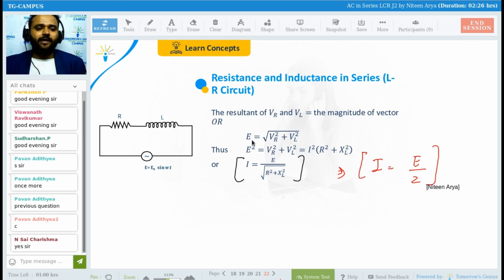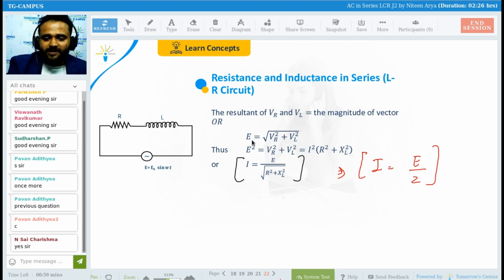As we know, whenever current is flowing in any particular circuit, the current is the given voltage divided by the total net resistance or impedance. Here we say impedance instead of resistance because the components are different. The component can be an inductor, a resistor, or a capacitor. So instead of saying resistance, we say resistance, reactance, or capacitance, or impedance in general.